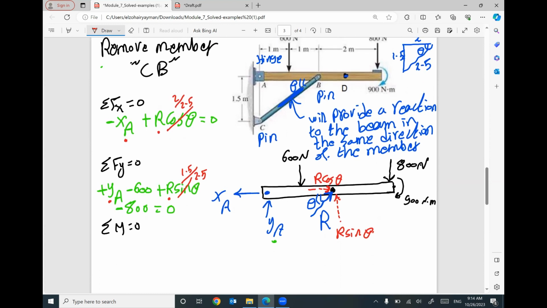Summation moment at any point equals 0. I do recommend to take moment at A, which is the point with the highest number of reactions. I'm gonna assume my clockwise rotation is my positive.